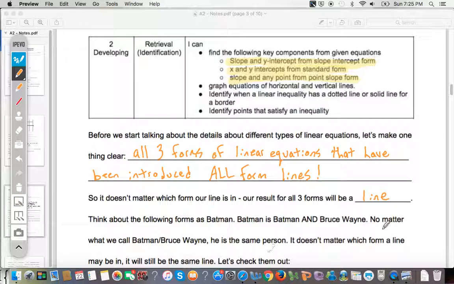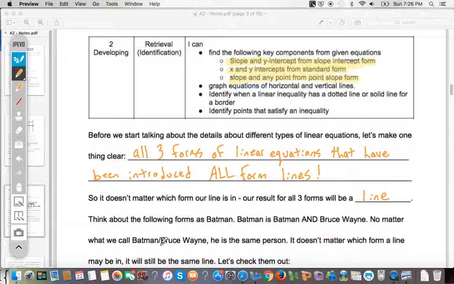So I put this little side note here. Maybe it'll help you remember that we are dealing with lines throughout this entire standard. Think about the following forms, our slope-intercept, standard form, and point-slope form equations, as, I don't know, Batman. We know that Batman is Batman, the superhero, but Batman is also Bruce Wayne.